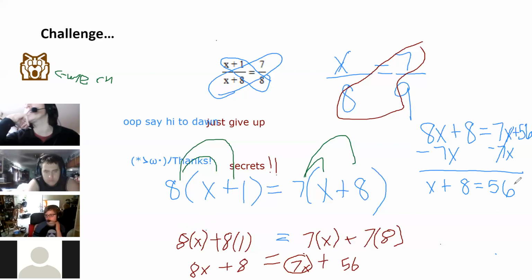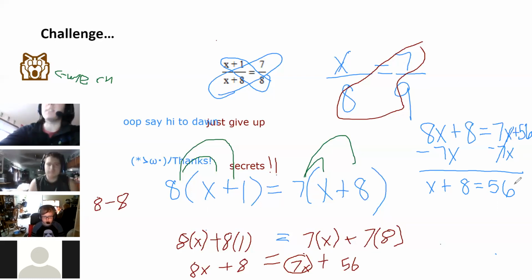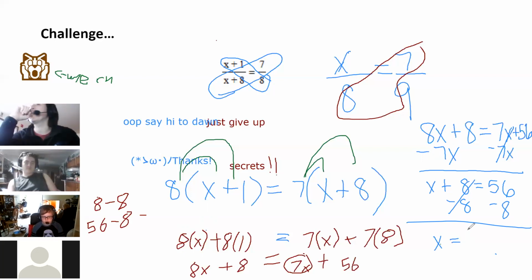We're almost done. Come on, guys. Stay with me. What would I do here? What's the opposite of my constant? Yeah, I would minus 8. Yep, I would subtract 8. You're right. So my answer is whatever 56 minus 8 is. What's 56 minus 8? Is that 48?